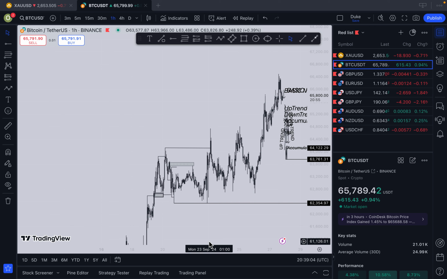So this is our downtrend. You can see from the obvious fact that this is your lower high. Then let's go down to our lower low. Then our lower high. Then down again to our obvious lower low.